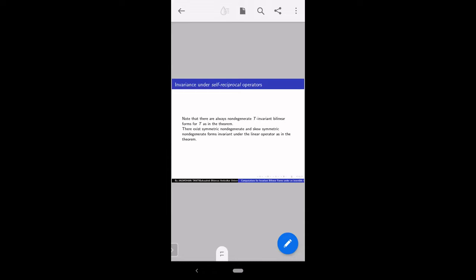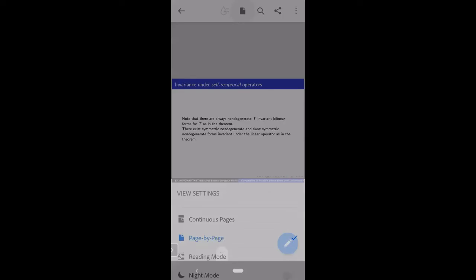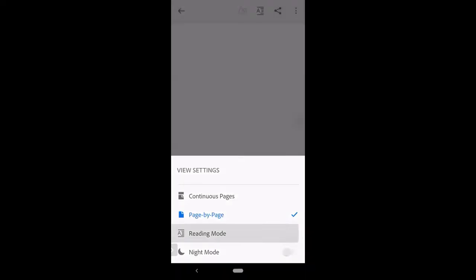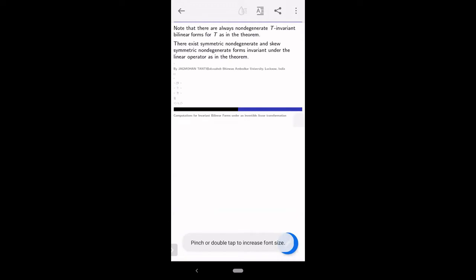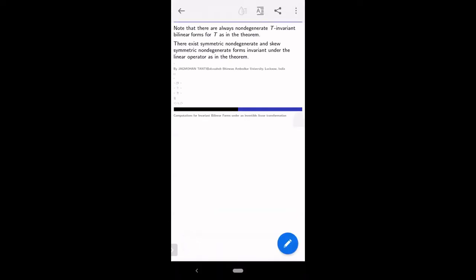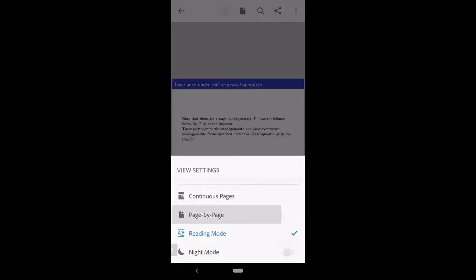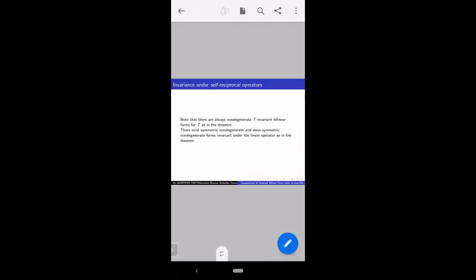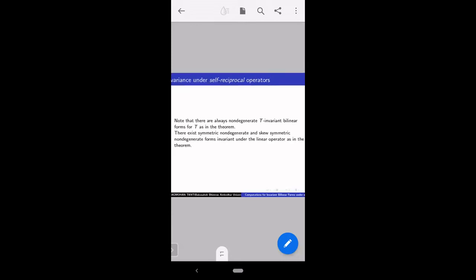Yes, sir. We can see your screen, but we cannot read anything from it. Actually, this screen is on my mobile. Are you giving the lecture using your mobile phone? Yeah, right now I'm using my mobile phone.